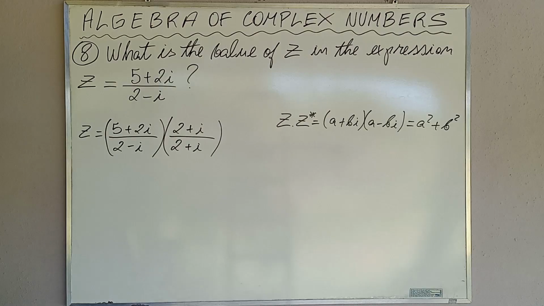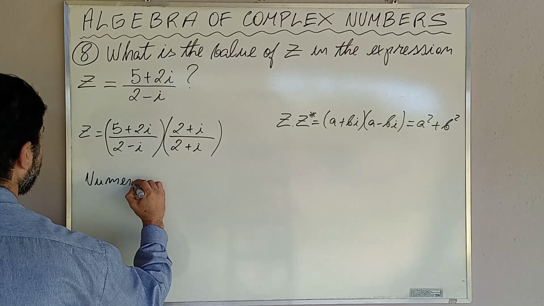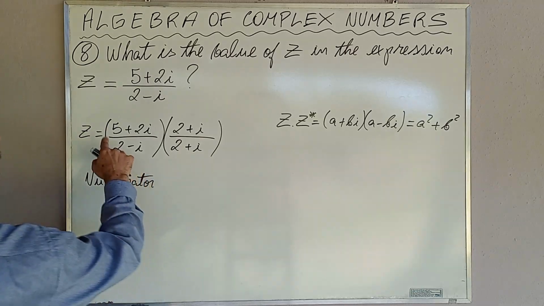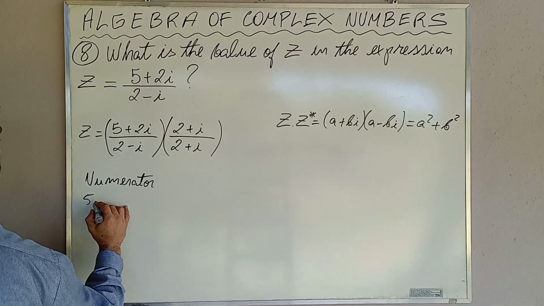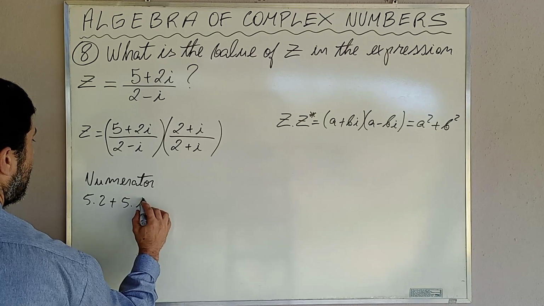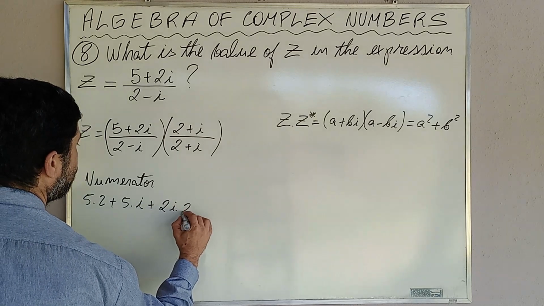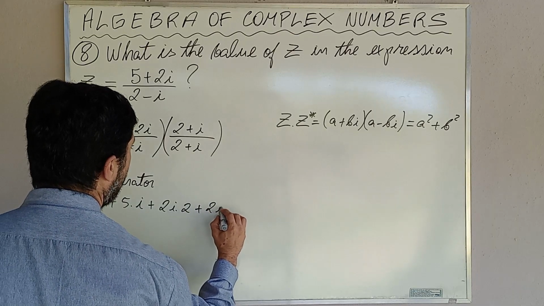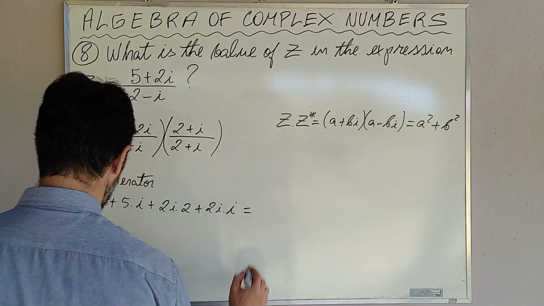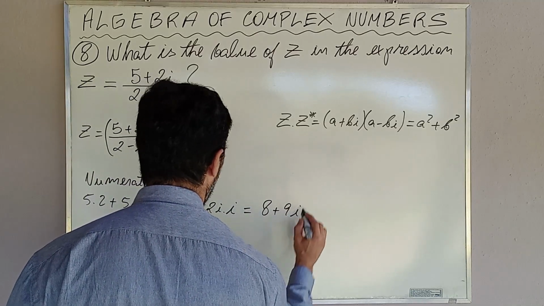Whenever we multiply a number by 1, we are not altering it. The numerator: 5 times 2 plus 5 times i plus 2i times 2 plus 2i times i. And this is equal to 8 plus 9i.